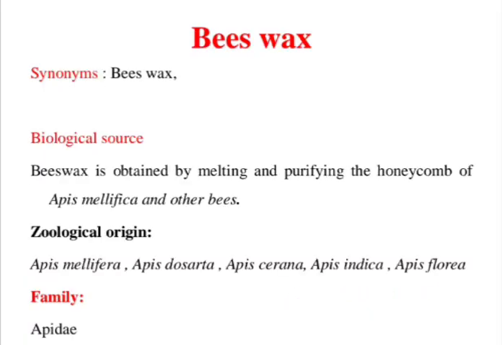Next one, beeswax. Synonym, beeswax. Biological source. Beeswax is obtained from the melting and purification of the honeycomb of Apis mellifera and other bees. Zoological origin. Apis mellifera, Apis dorsata, Apis serrana, Apis indica, Apis florea.